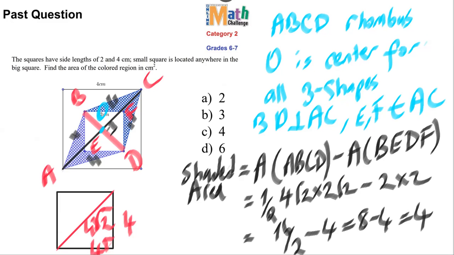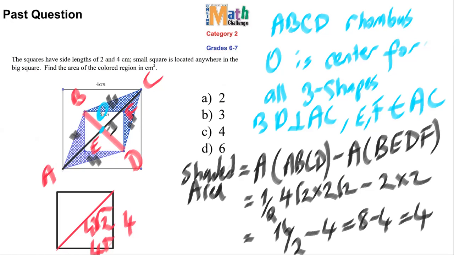O is the center of all these 3 shapes. For the rhombus and the square, diagonals intersect at 90 degrees. That's also important. And when we place it in the middle, E, F, O, all of them will be on this diagonal. So then what is the case?